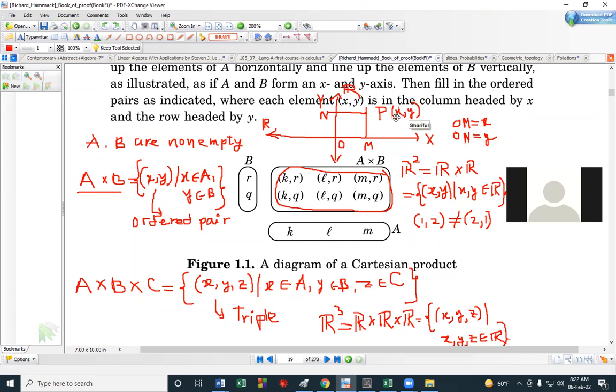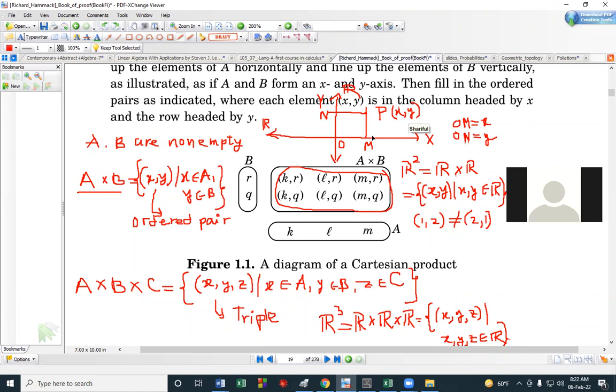Or in other words, this position P is X units away from the vertical real line, which we are calling the Y axis, and Y units away from the horizontal real line, which we are calling the X axis.